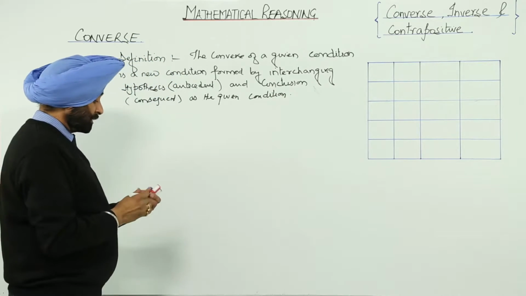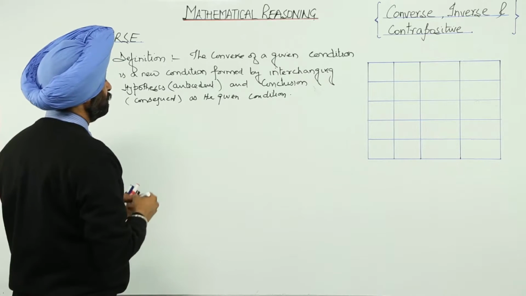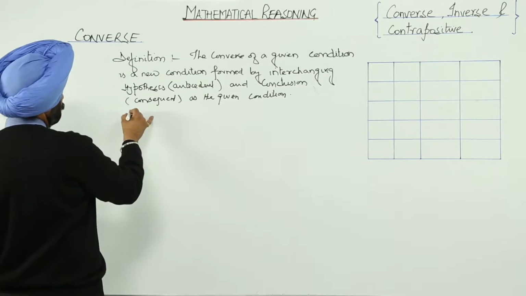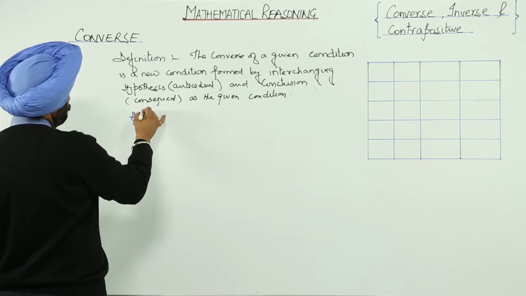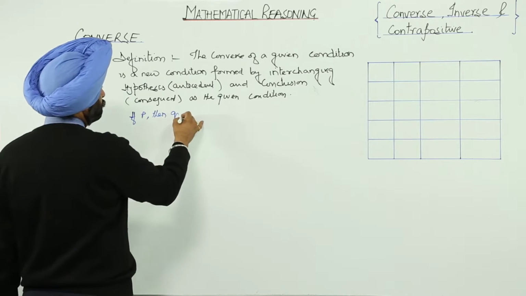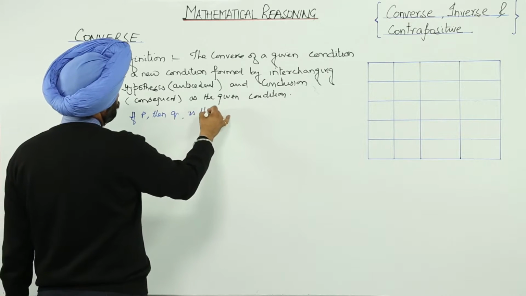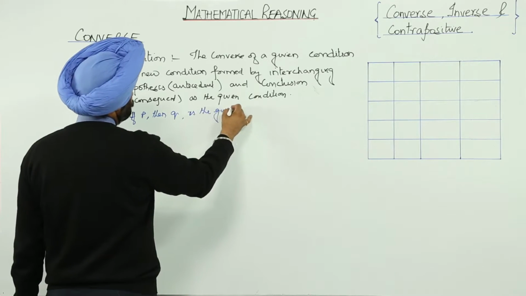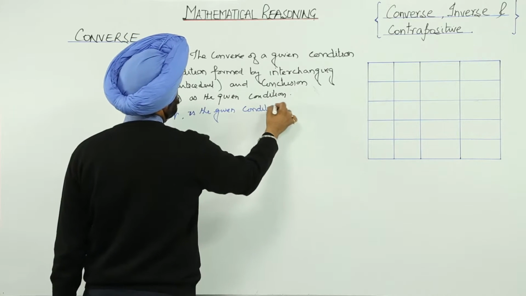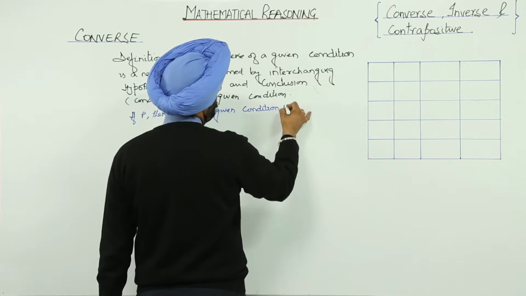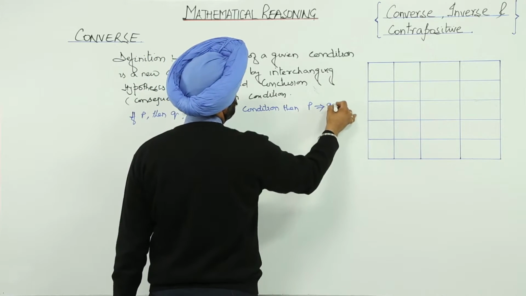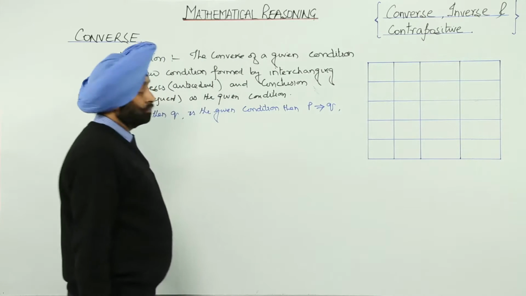Now for example, we are going to take an example later on. If P then Q is the given conditional, then P implies Q is the conditional.